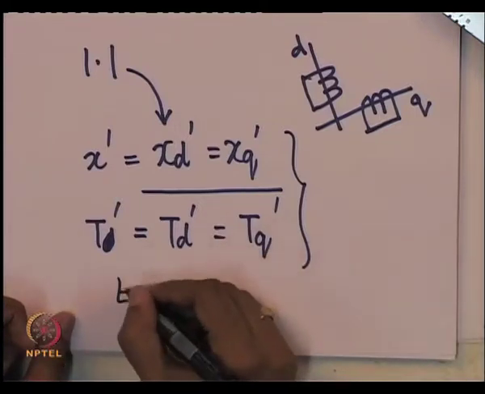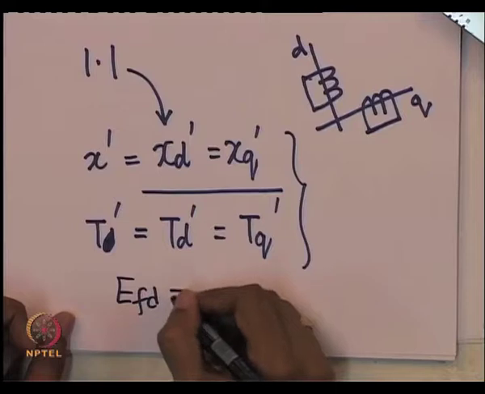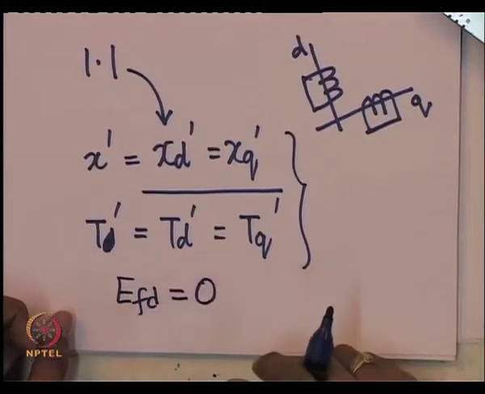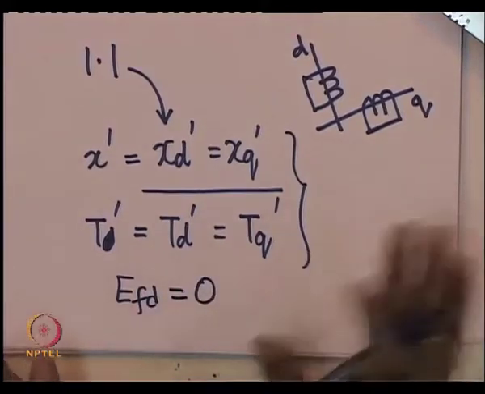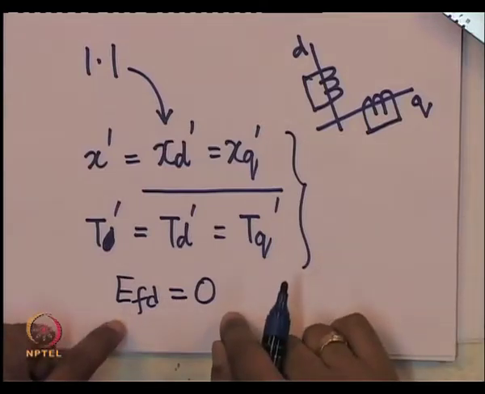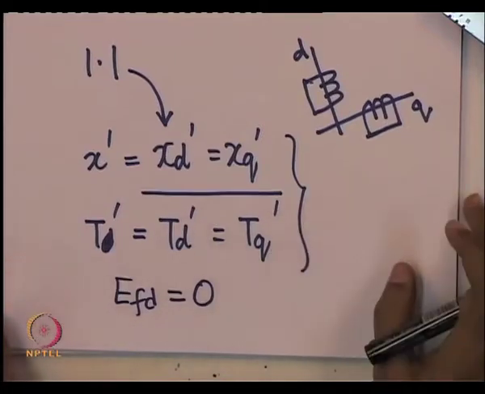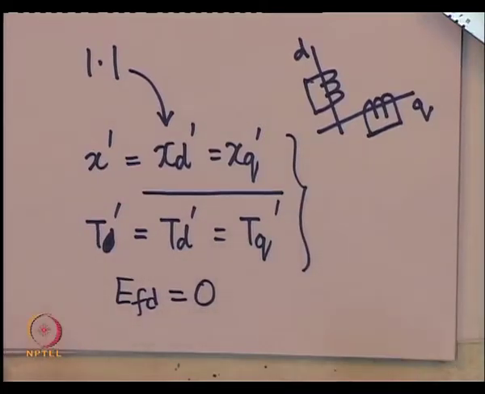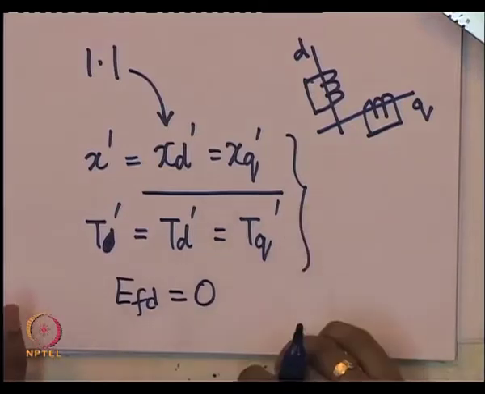You will of course have to set EFD equal to 0, and effectively equate the D and Q axis parameters. These are the things you would need to do in case you wanted to derive an induction machine model directly from the 1.1 model of a synchronous machine.